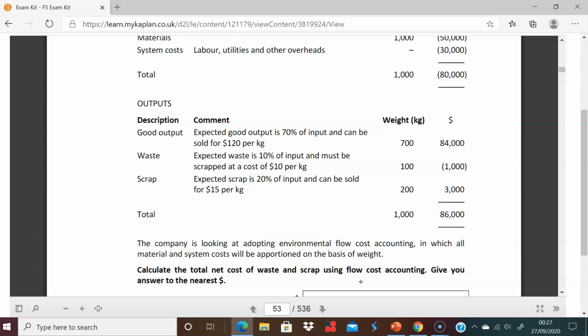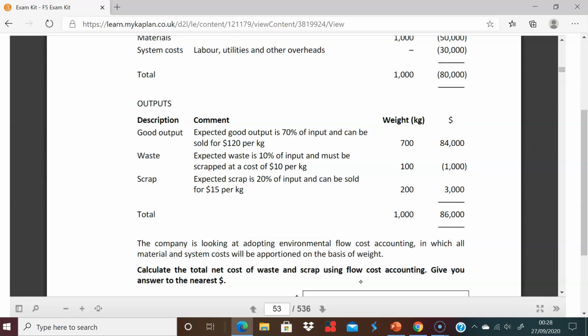Okay, here we are. So the first thing we need to look at here is to calculate what the actual cost is, what is the value of that waste. So we have 80 pounds per kilogram, because we have 80,000 divided by 1,000.